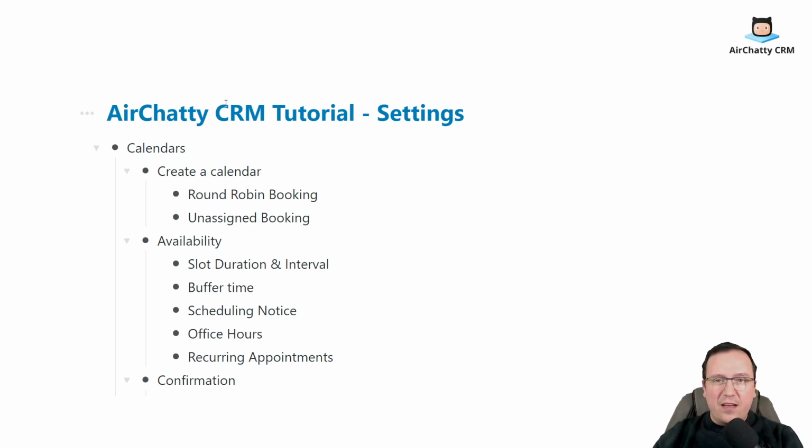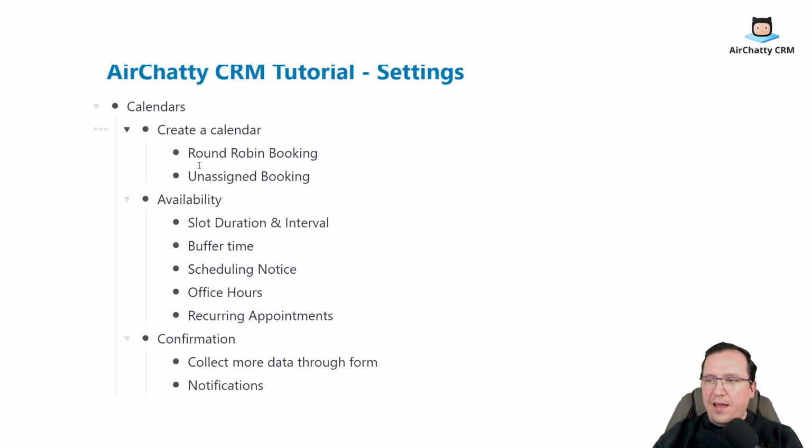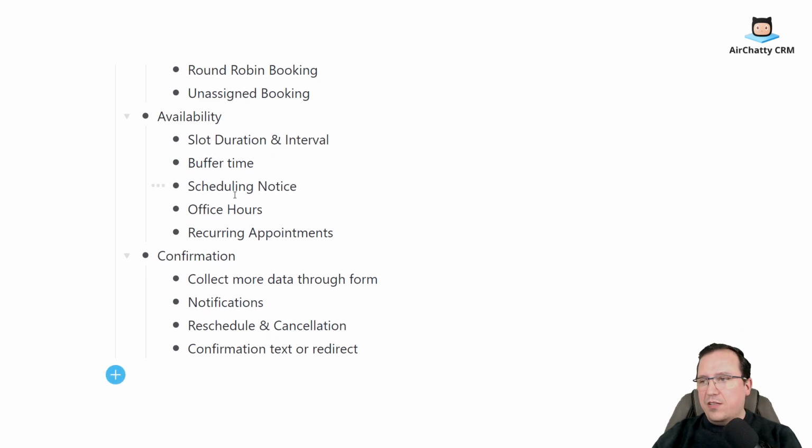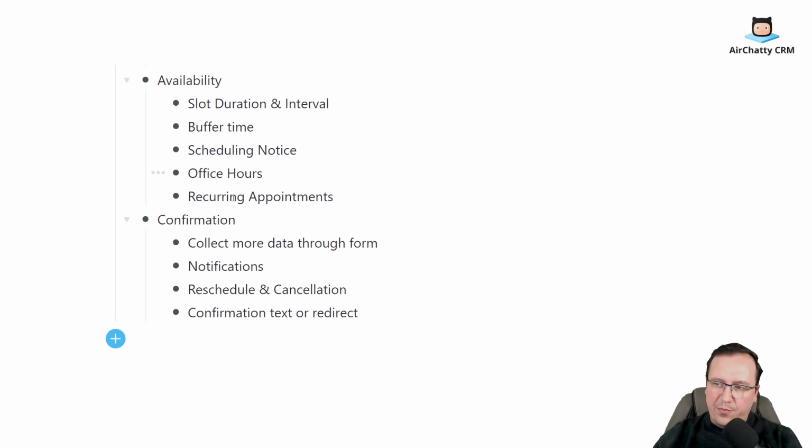The first thing we're going to do is go through how to create a calendar. And then I'm going to talk to you about round robin booking and about unassigned booking. We'll go through availability, slot duration, interval, buffer time, scheduling notice, office hours, recurring appointments.